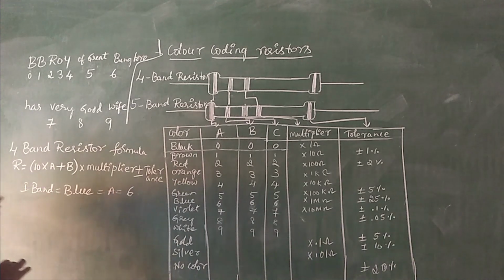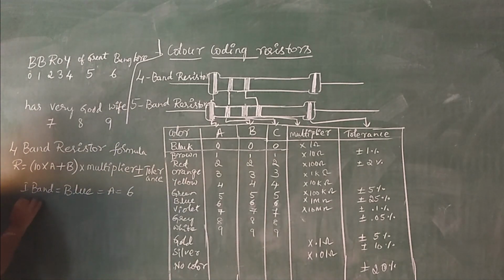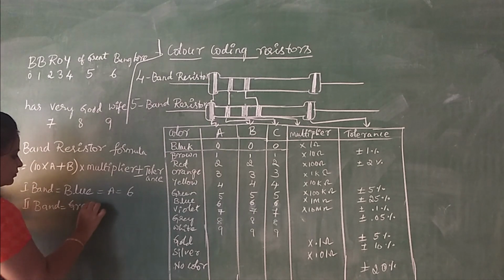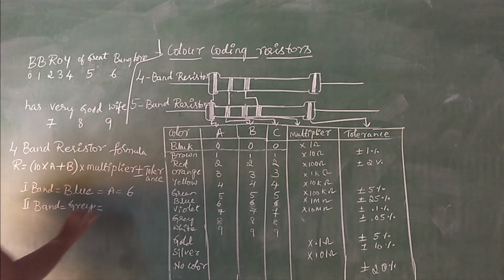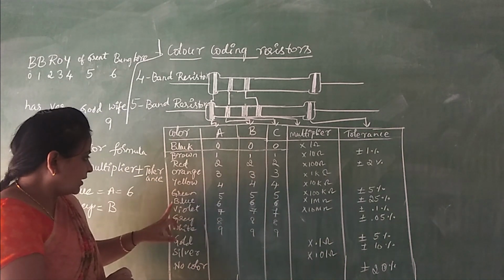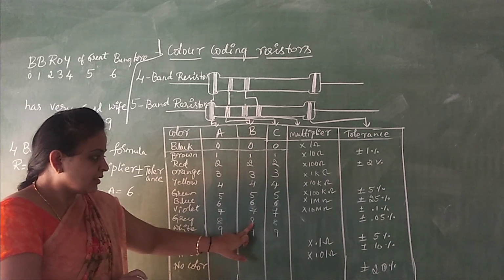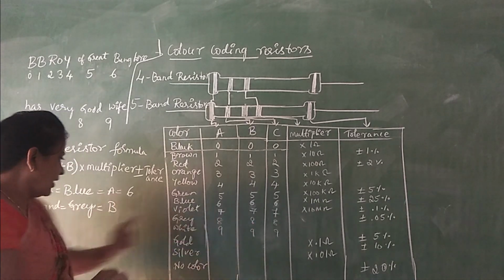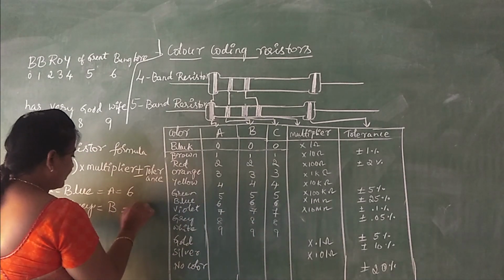Next we have grey. I will consider the second band color as grey. Grey is B here. In the B column, the grey color is numeric 8. That is what I am going to write here.